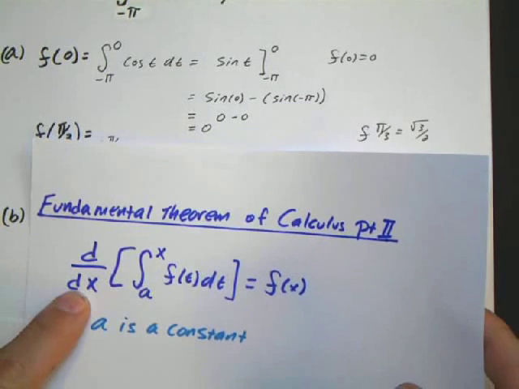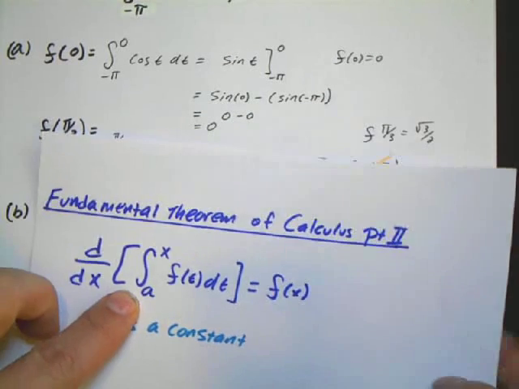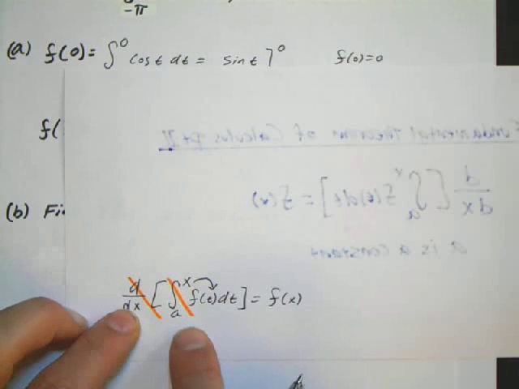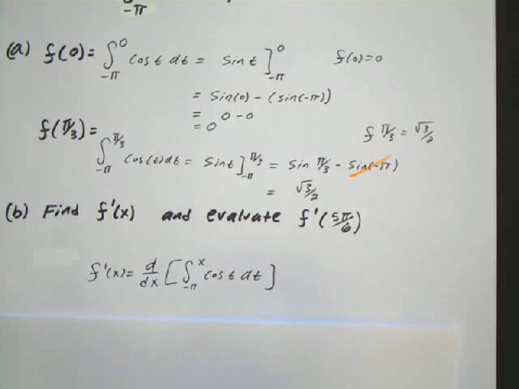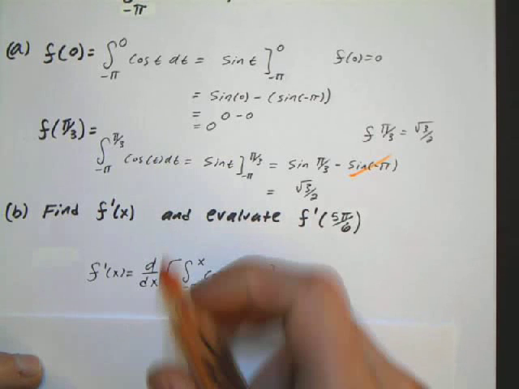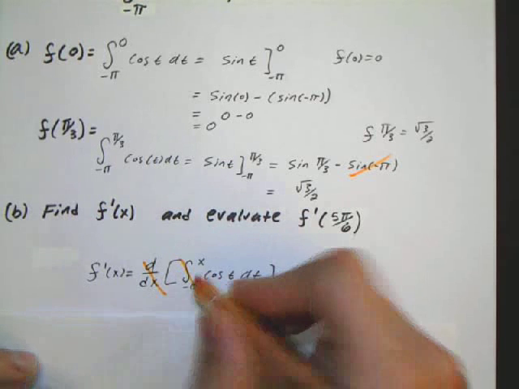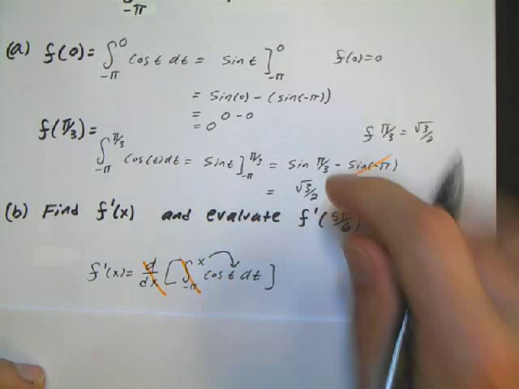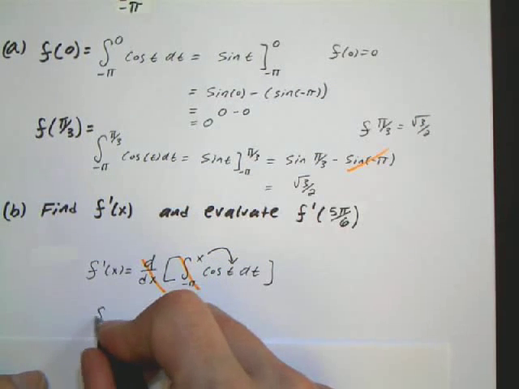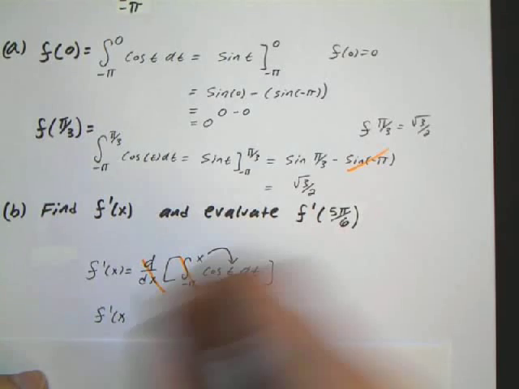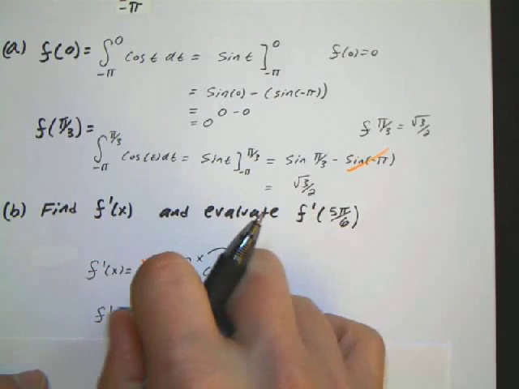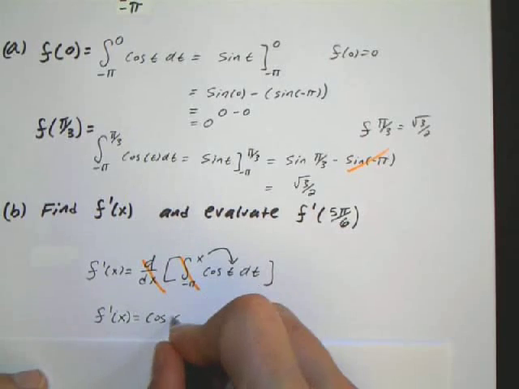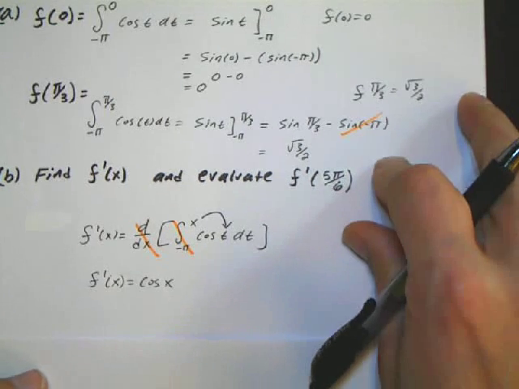Because notice I'm taking a derivative of an integral, so the derivative and the integral cancel out. That means I can just cross this off, cross that off, and I can swap this variable in for x, and f prime of x is equal to cosine of x.